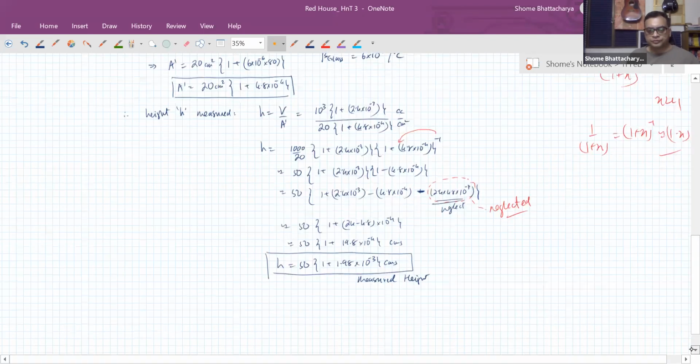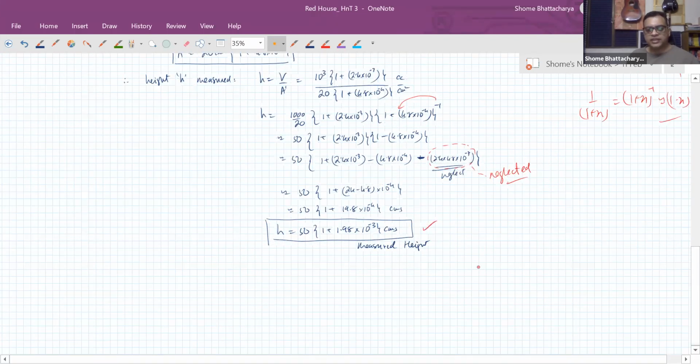So now we are getting this height, which I can calculate for you, but it's not really that necessary.